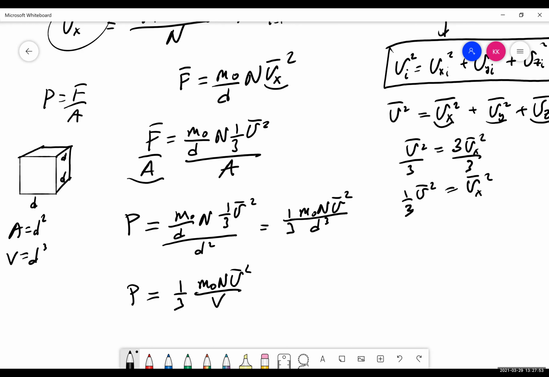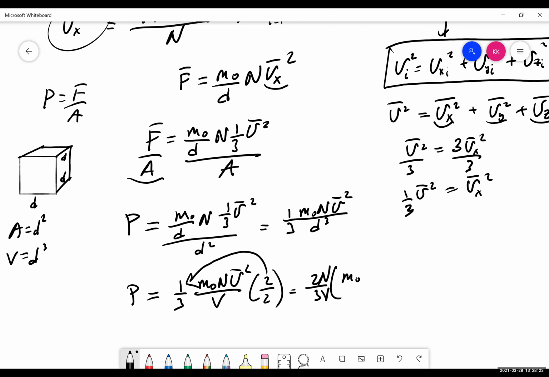Now, one thing I can also do here is just manipulation, right? So I'm going to multiply both sides by 1. But on the right side, that 1 is going to be 2/2. So that in no way changes the structure of my equation. But what I end up with is this. If this 2 goes right there, it becomes 2/3. And then I have mass times, I can even move out number of molecules and even volume.